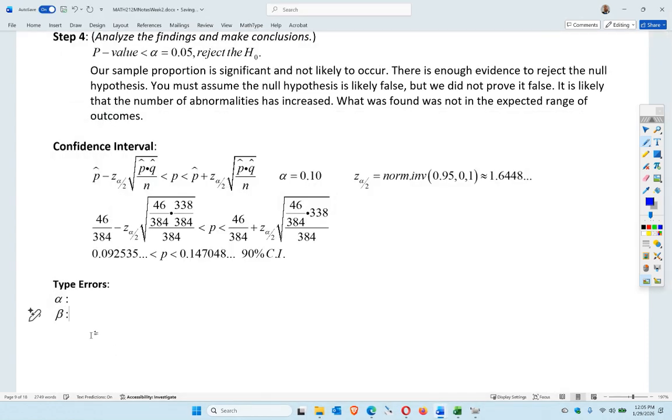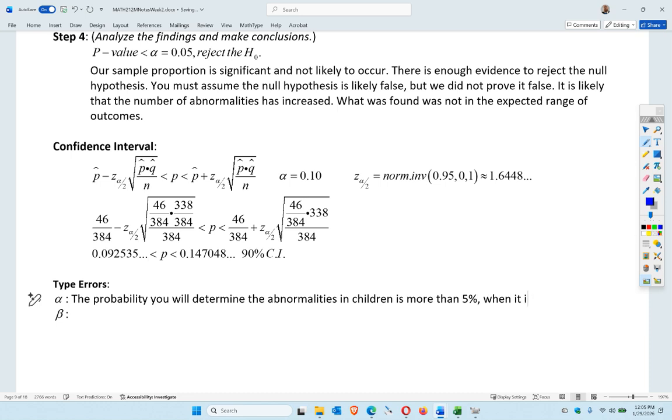Okay, so what do each of these mean? That alpha is the probability you will determine the abnormalities in children is more than 5% when it was actually 5%, right?